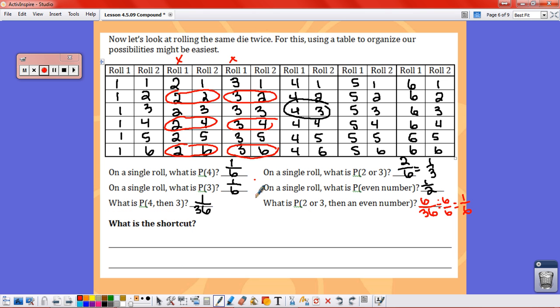And then here we have 1/6 and 1/6 made 1/36, and 1/3 and 1/2 made 1/6. It's multiplying. So find the simple probabilities, or the independent probabilities, and then multiply.